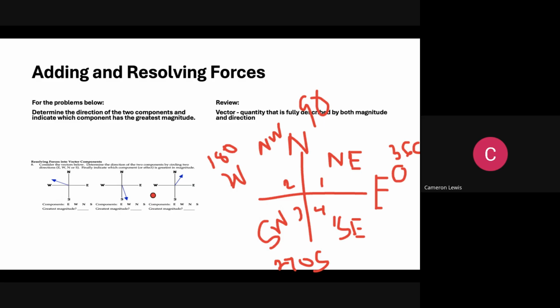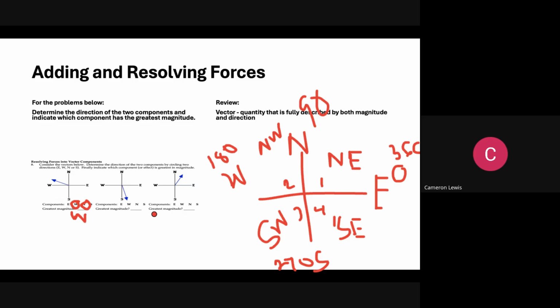So it has a higher horizontal component than vertical component. So which component would have the greatest magnitude? West. Correct. So for this one, we have north and west, and the greatest magnitude would be west. Does that make sense? Yep.